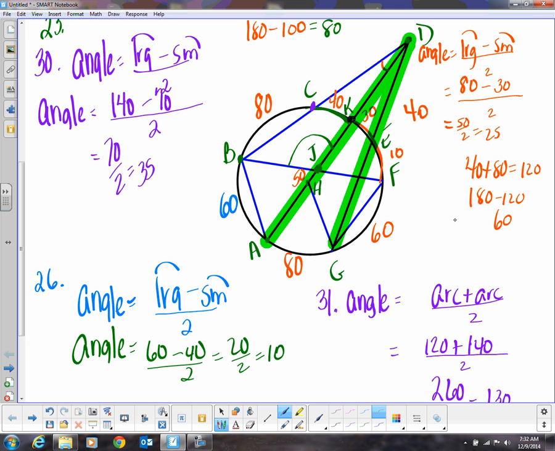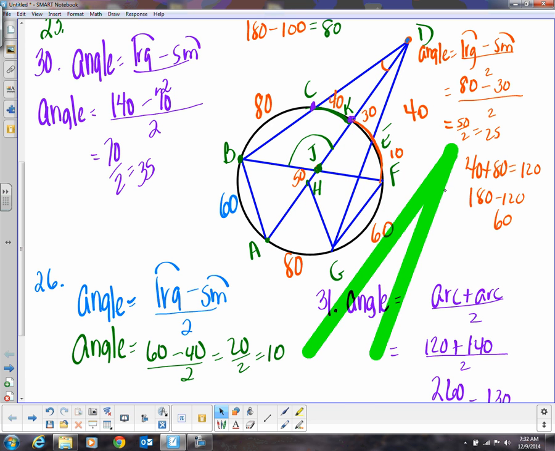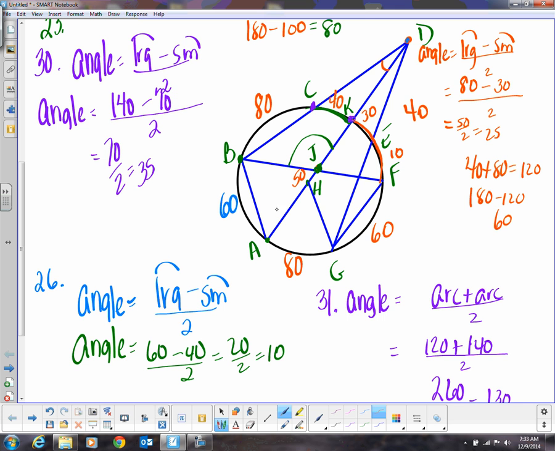Caitlin? 29 is AHG. All right, so we need AHG. Where's my highlighter? Where is this vertex? Where is that vertex?